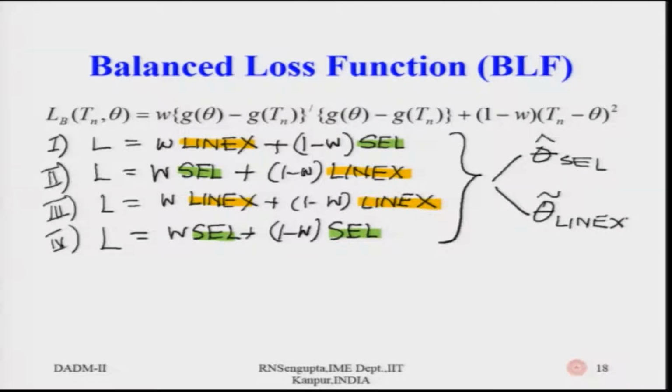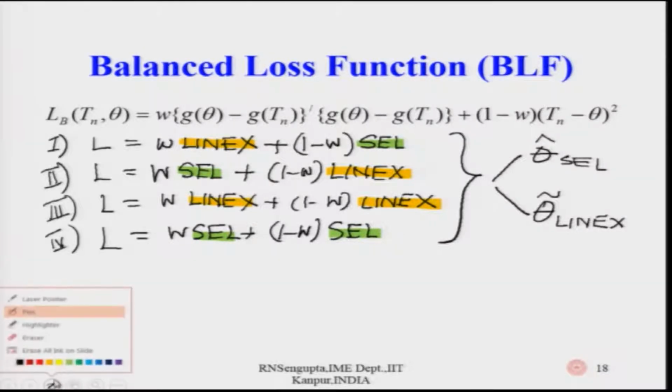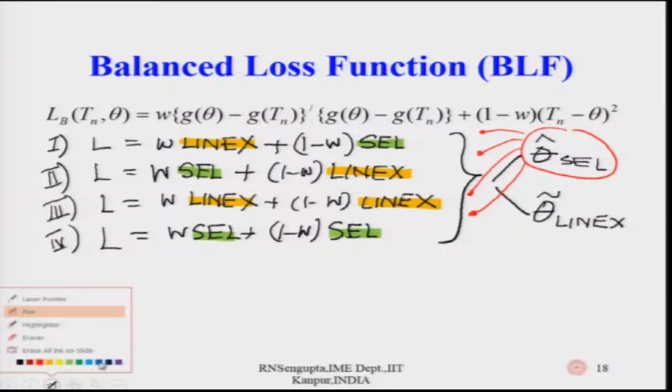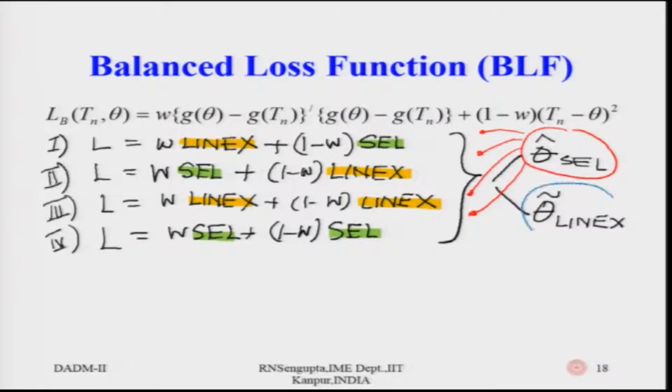So, basically we will combine the squared error loss with all these 4 combinations, that is point 1, and in the other case we will consider the Linex loss under these 4 conditions.